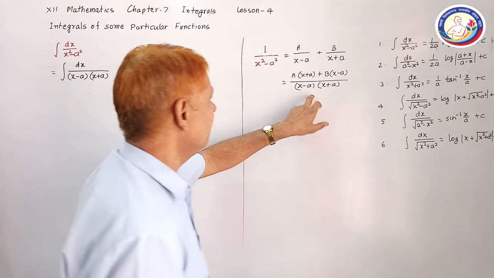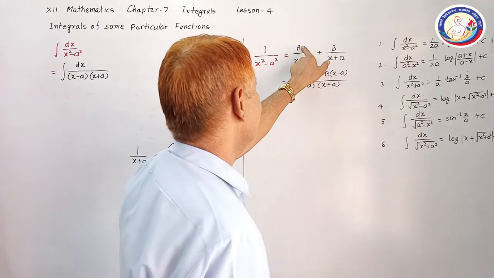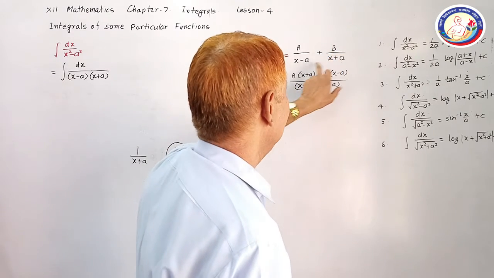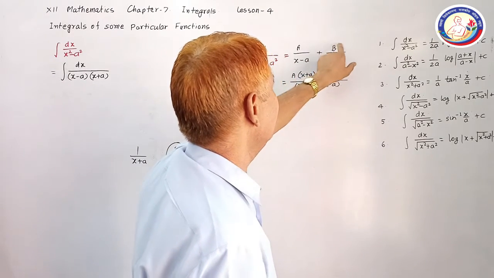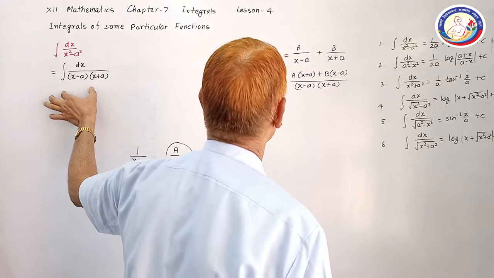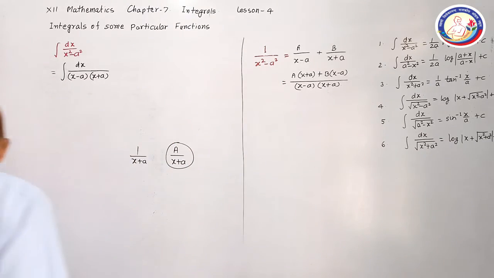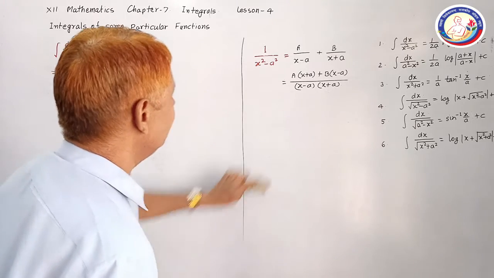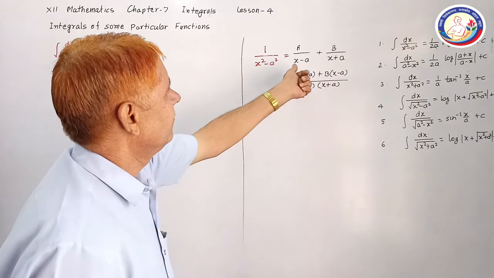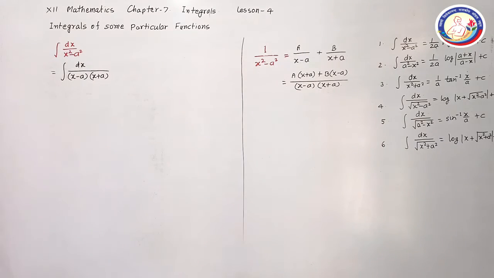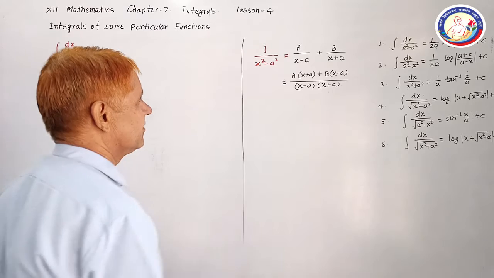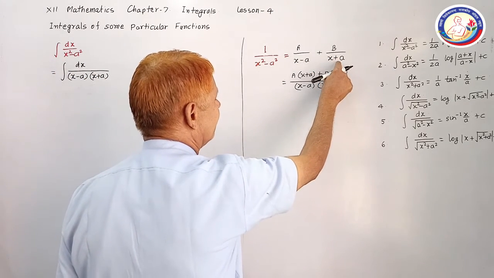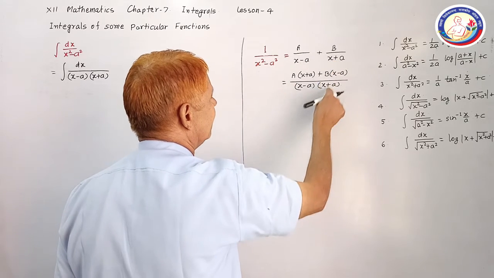For both of them we will use numerators, arbitrary numbers A and B, and then we will calculate the values of A and B. It will be broken into two parts, as the addition or difference of two expressions in the form of fractions. So I have taken the LCM here. Both the two factors are different, so the multiplication is the LCM here.